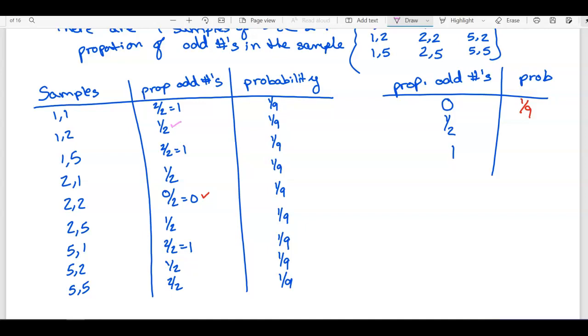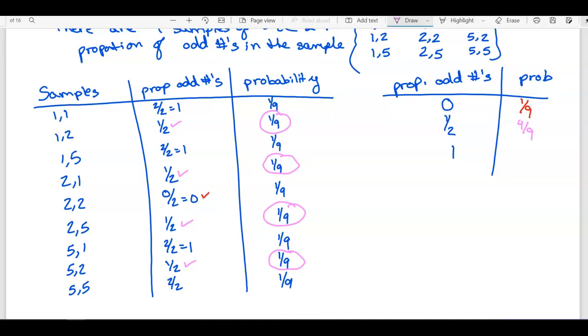So 1/2 happened 1, 2, 3, 4 times. So we could add those probabilities together: 1/9, 1/9, 1/9, and 1/9. If I add those, I get 4/9.